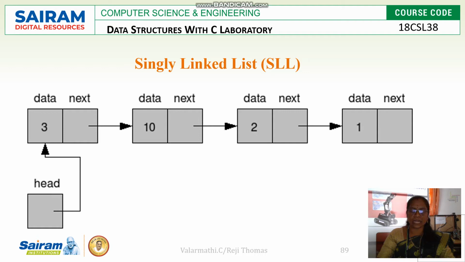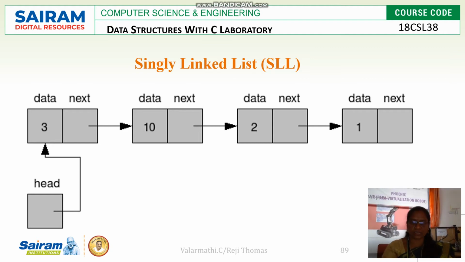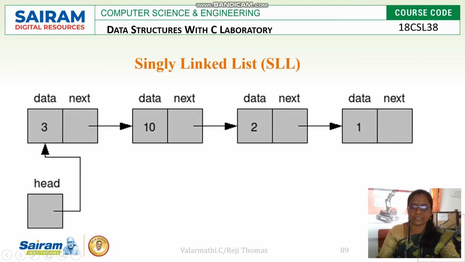Then the next number 10 is connected with the first node, that is 3. It is connected with the next part of the first element, so the next part of the first element holds the address of the next element 10. Likewise, every node in this list is connected.